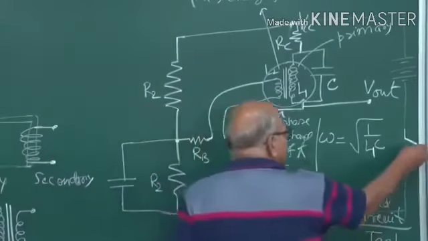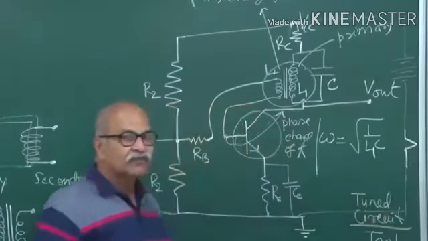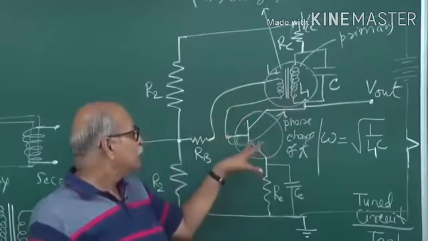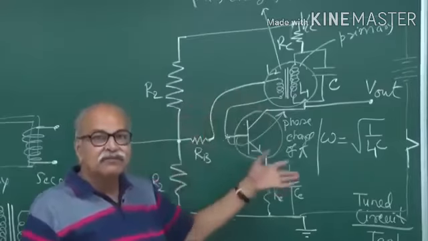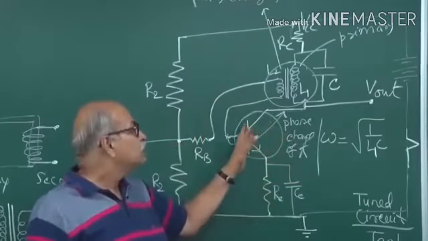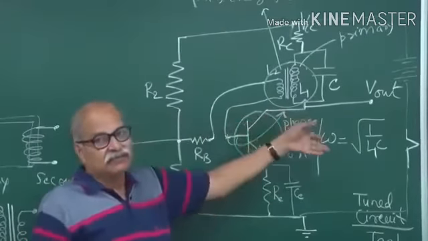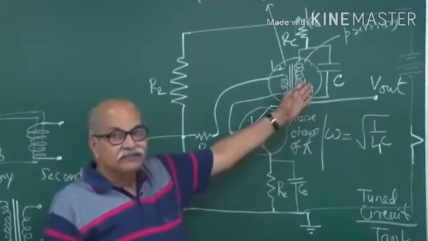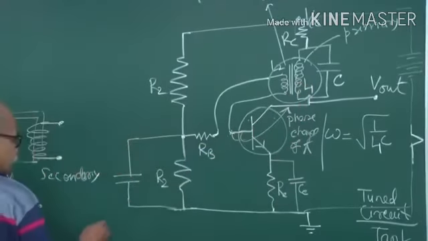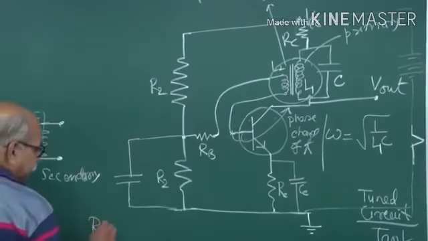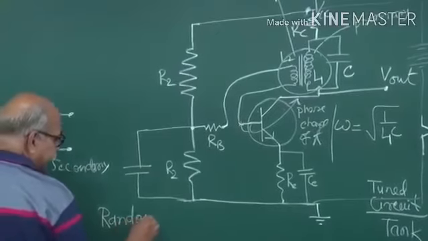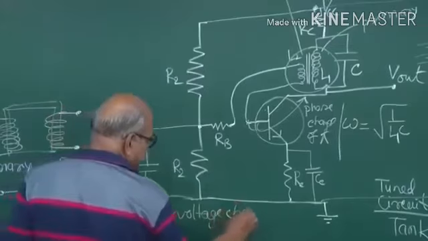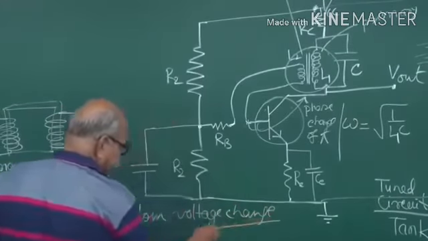So when you switch on the circuit for the first time, what will happen? Some current will flow, the transistor will go into its active mode, and something will be amplified, noise or whatever.